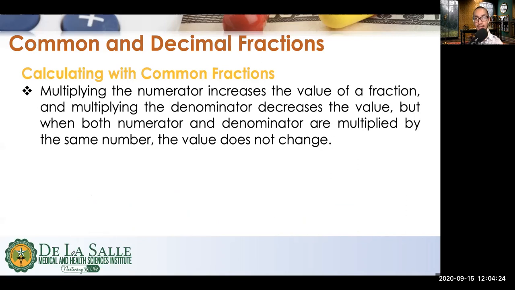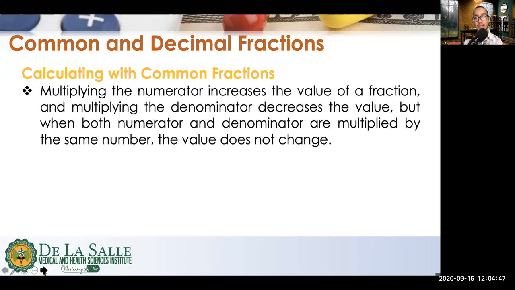Basically, in this part, when you multiply the numerator, it increases the value of the fraction. When you multiply a whole number to your denominator, it decreases the value of the fraction. But when you perform multiplication on both the numerator and the denominator, the value will not change.